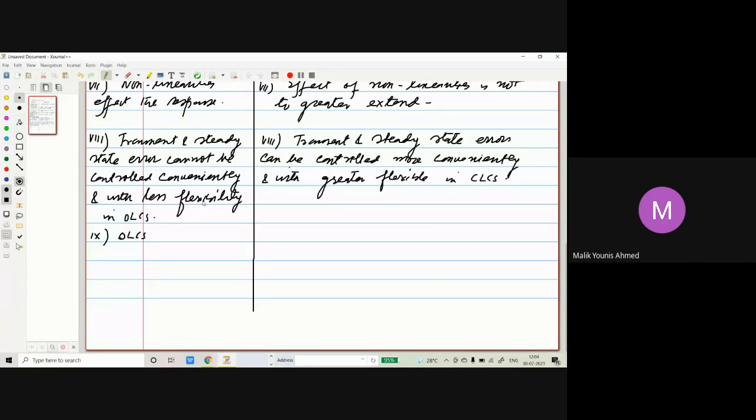So open loop control system does not work efficiently when unpredictable disturbance and or unpredictable variation in the system components is present.